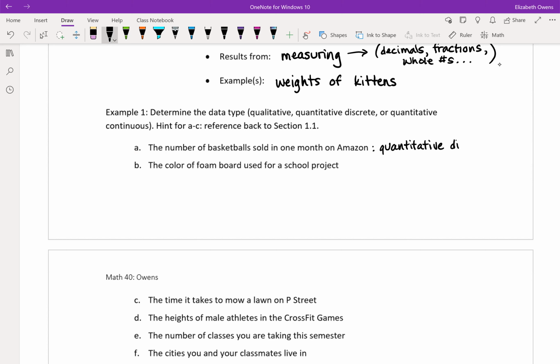All right. We would tend not to say, oh, Amazon sold 20,000.2 basketballs this month. That 0.2 of a basketball, well, did they sell it or didn't they? We would get the whole number result from counting the number of basketballs. All right, next one, the color of foam board used for a school project.